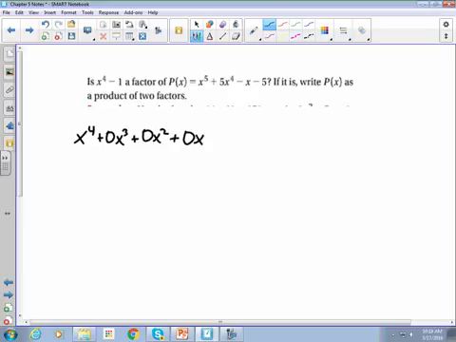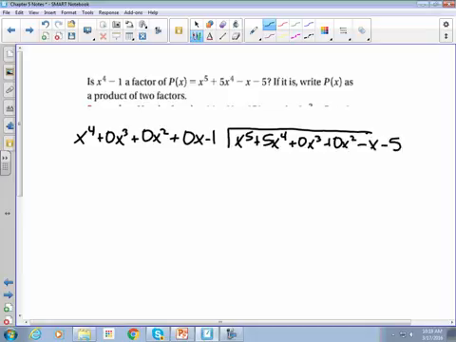Plus 0x, because we don't have an x term either, minus 1, divided by x to the fifth, plus 5x to the fourth, minus 0x to the third. Sorry, I guess it doesn't matter if it's a plus or minus. Plus 0x squared, minus x, minus 5.